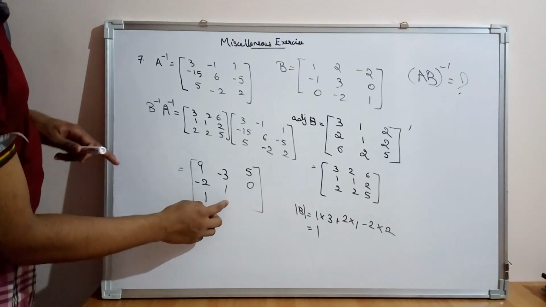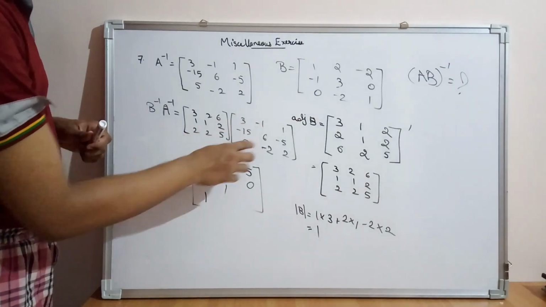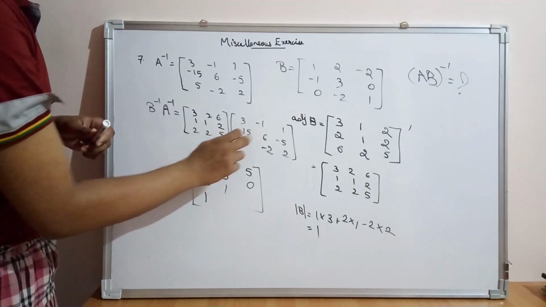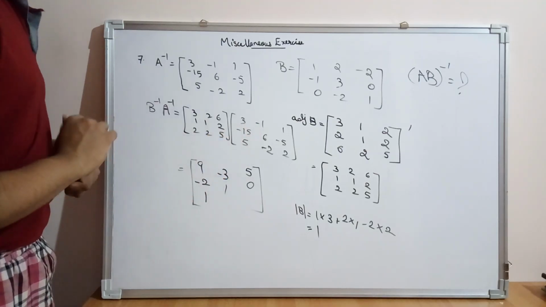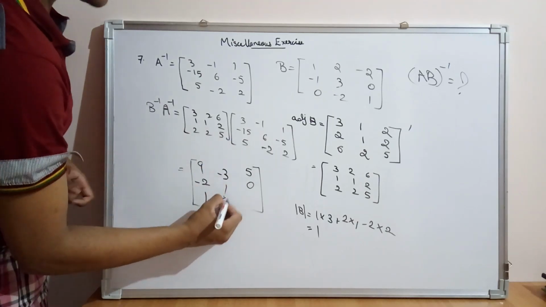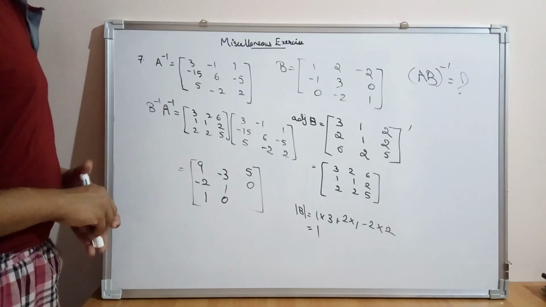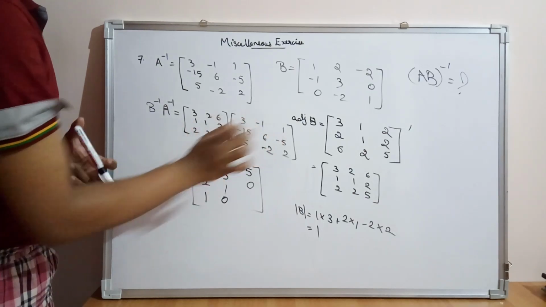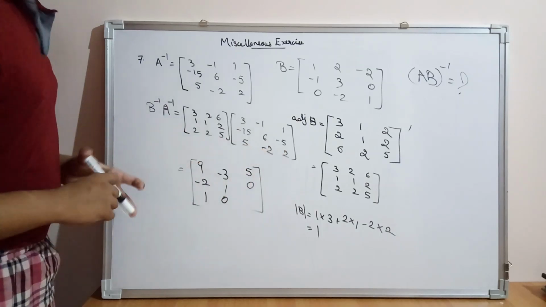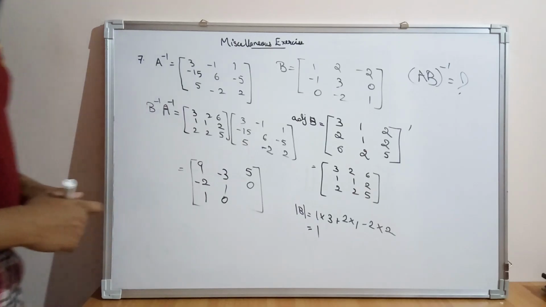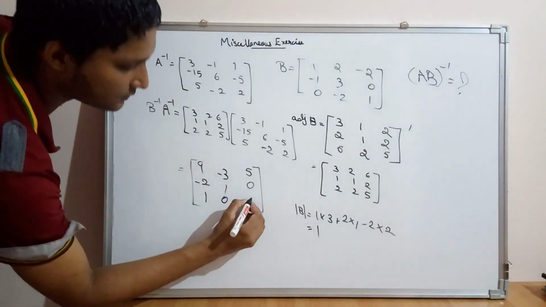Now third row, second column: 2 becomes minus 2, minus 2 plus 12 is plus 10, 10 minus 10 is 0. 5 into minus 2 is also 10. Now third row, third column: 2 minus 10 is minus 8, minus 8 plus 10, so again we get 2.